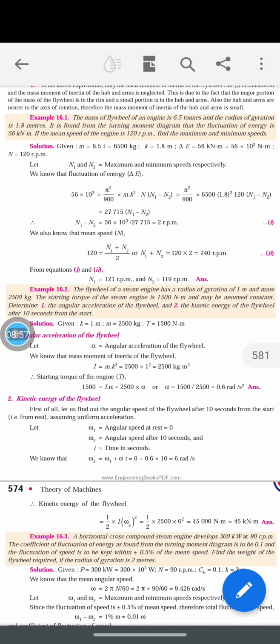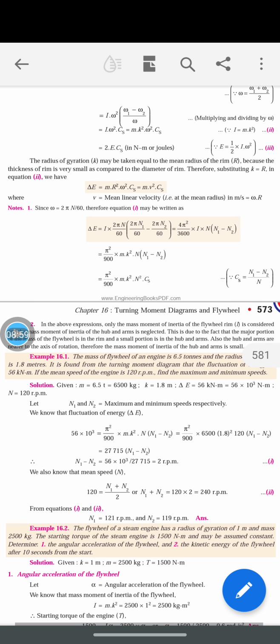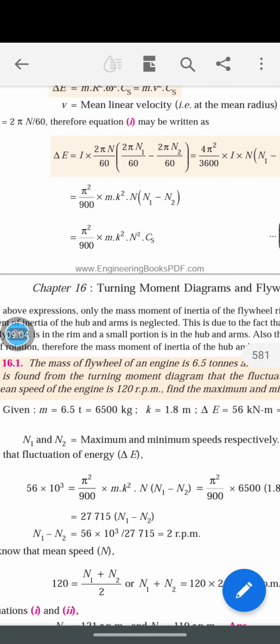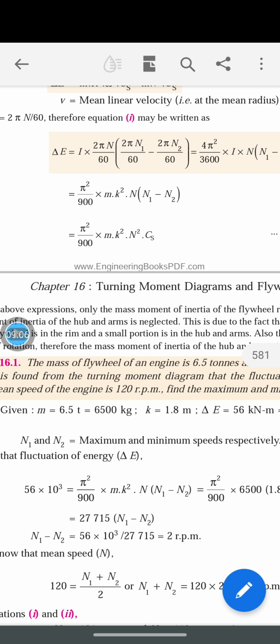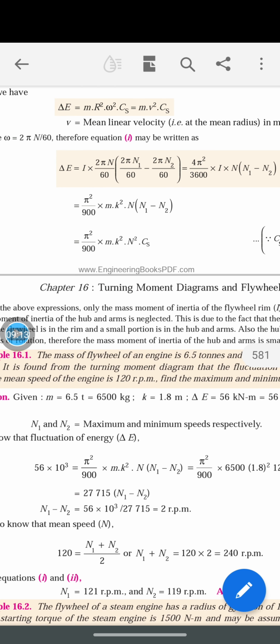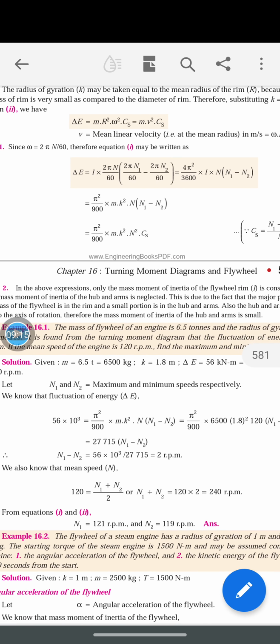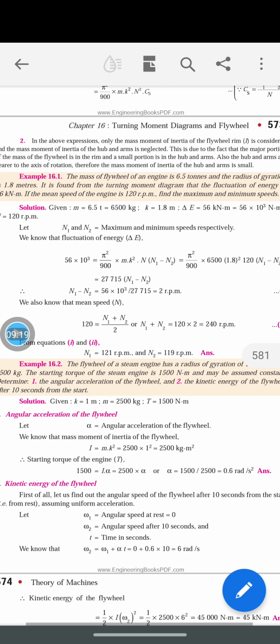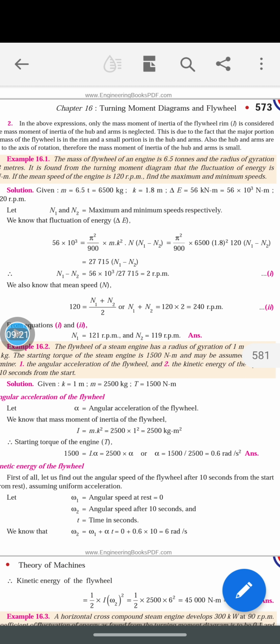As I have already shown you the different formulas for delta E, here we need to use the formula delta E is equal to pi square by 900 mk square N into (N1 minus N2). Why? Because he has given the values of k and capital N, so we will use that particular formula. The mass of the flywheel is given as 6.5 tons, so by converting it into kgs we get 6500 kgs.